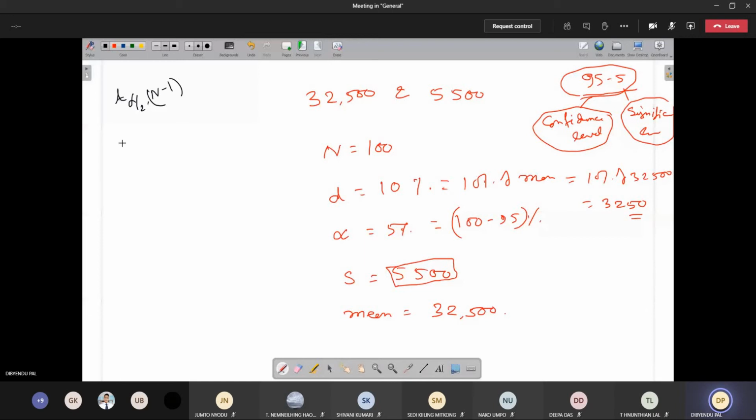So it will be T, either you can write 2.5 or basically 0.025. N is how much? 100. So n minus 1 means 99, with 99 degrees of freedom, and 2.5% as the significance level. Ultimately alpha by 2 we have to check. Significance level, we have to see the T distribution table and find out what this value is.